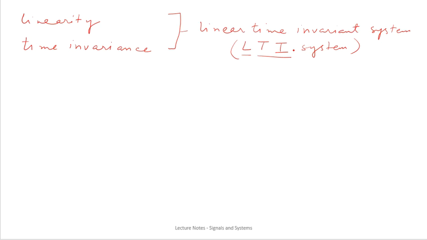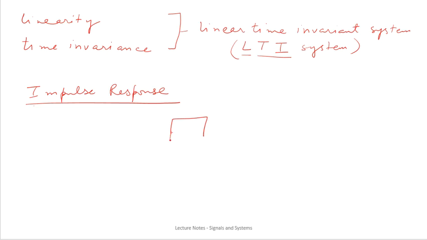For that, we first have to discuss the impulse response. The impulse response is the output of an LTI system due to a unit impulse signal input applied at time t equals 0. Let me show it with the help of a figure.